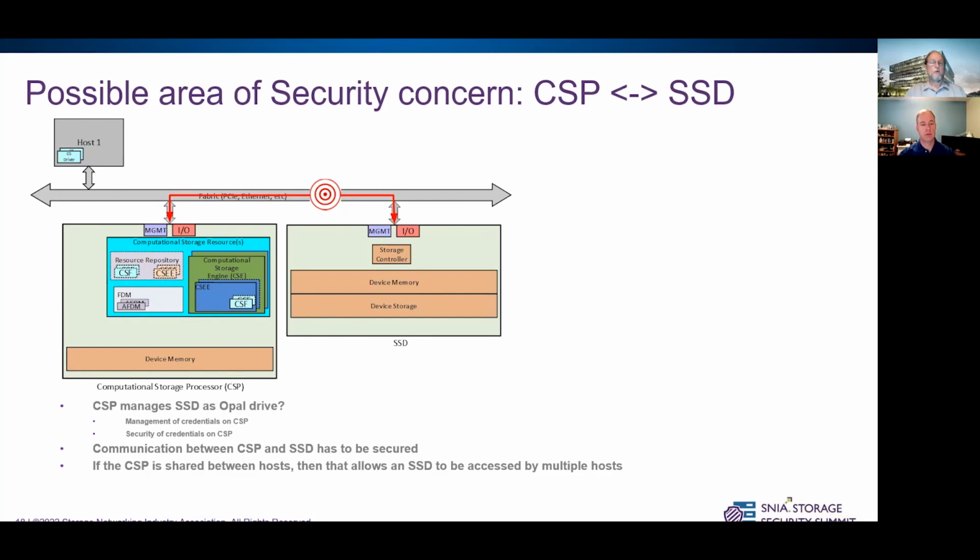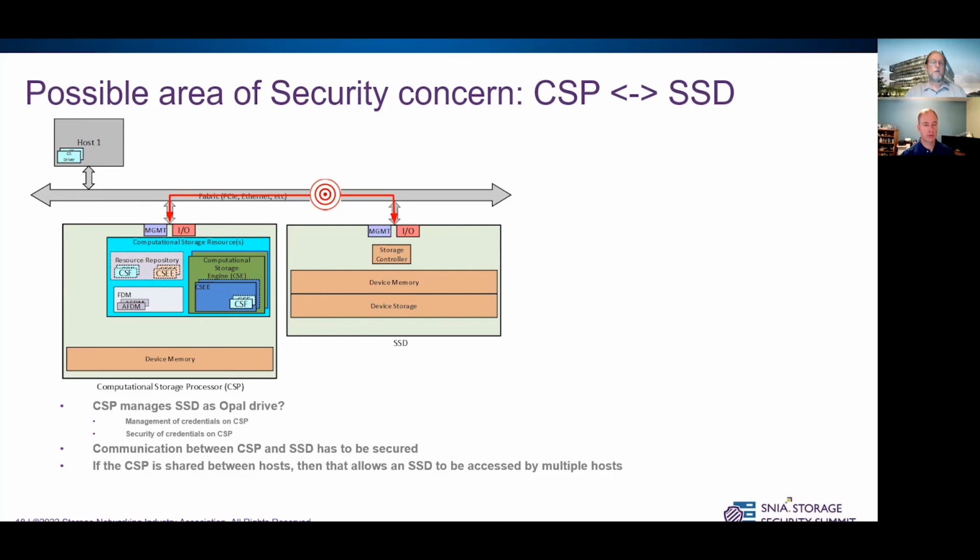Now, that could indeed be a valid configuration, a valid operation where it is truly secured to the CSP, but the CSP now has to secure its communication with the host and authentication and authorization for access to any given SSD that it may be connected to.